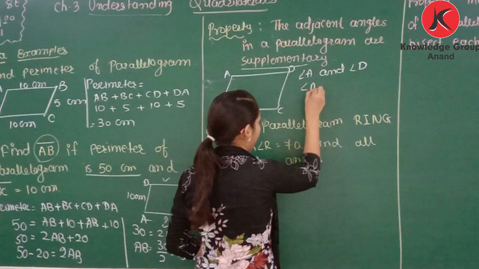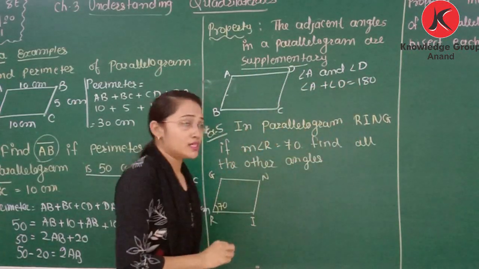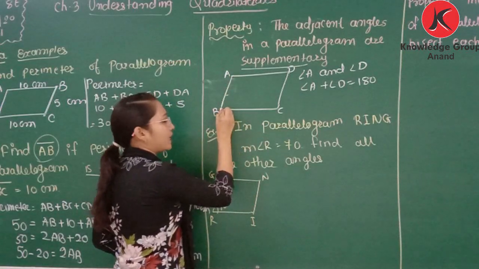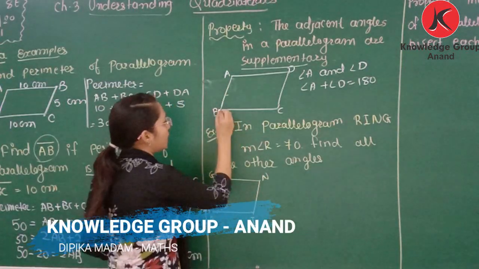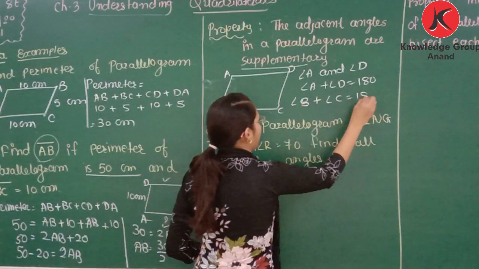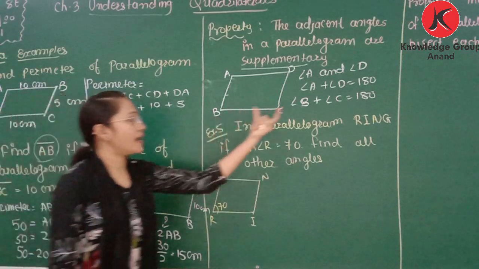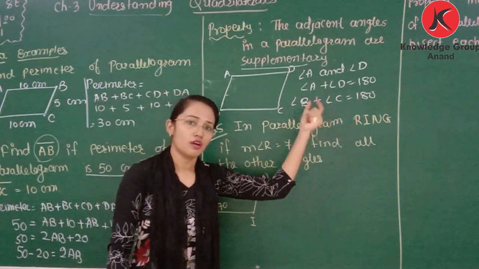It means angle A plus angle D is equal to 180. Clear? Similarly angle A and angle B are also supplementary. Angle B and angle C are also supplementary. Supplementary means the addition of adjacent angles is 180.